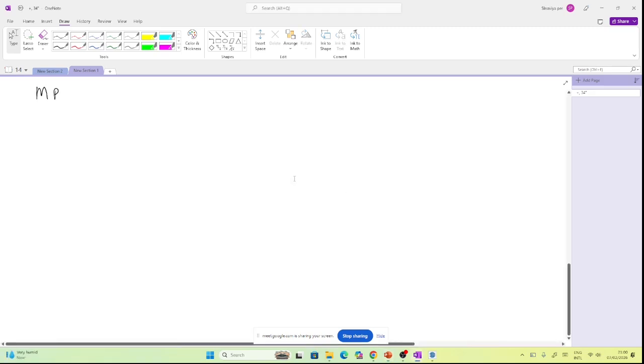So we are talking about the distance between the equator and the latitude. So that is the first point. Second point, what are they saying?